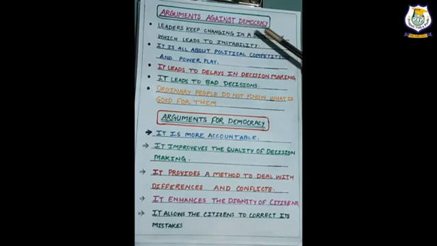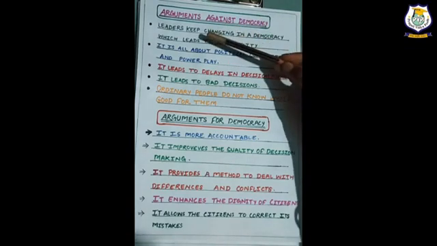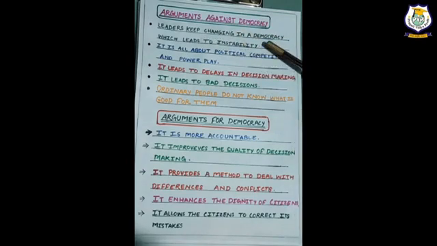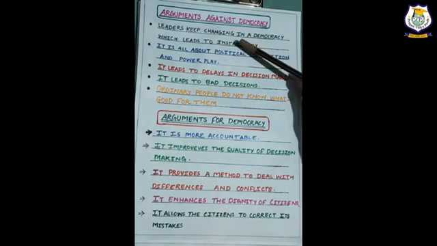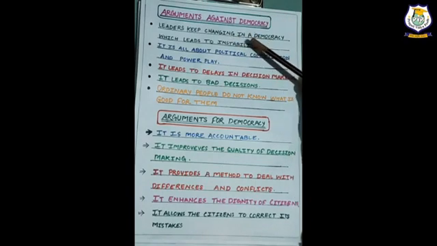It means in a democracy, if a political leader chosen by the people doesn't work properly, then people may ask him to resign. In this way, the country may face political instability.